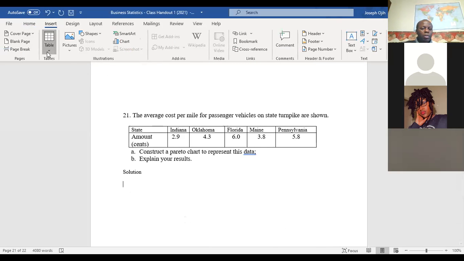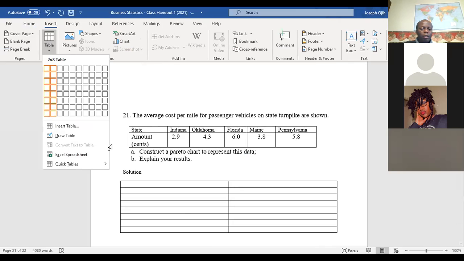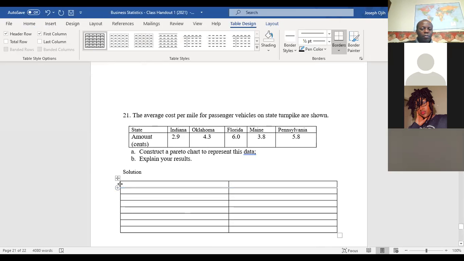So I'm going to put the table here so we can arrange it. We can have it in this form. State, and then the amount in cents. This represents how much it costs for passenger vehicles in the state turnpike. A turnpike is a kind of highway, a state highway. Now, the largest, I think, is Pennsylvania.